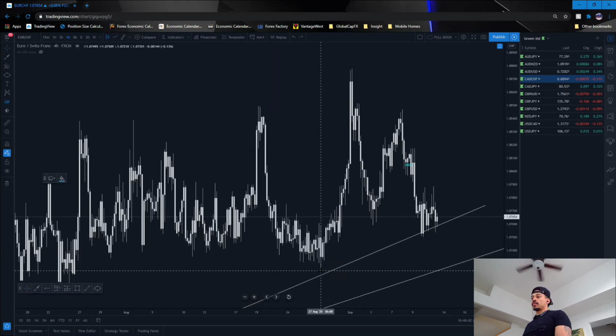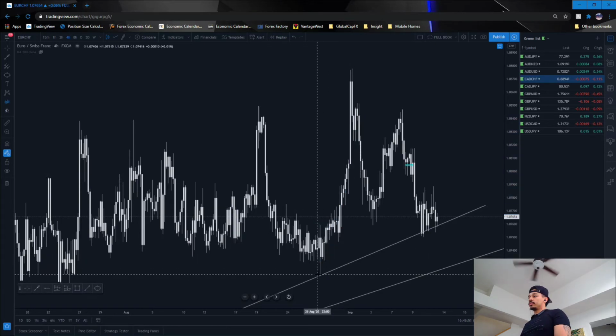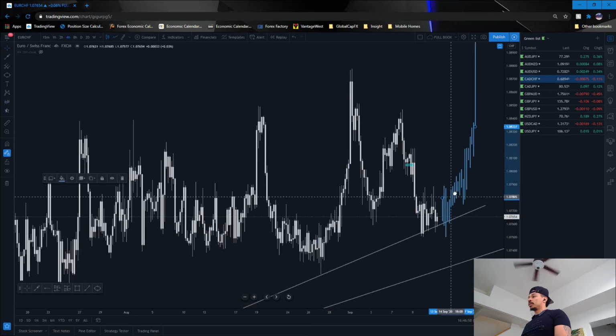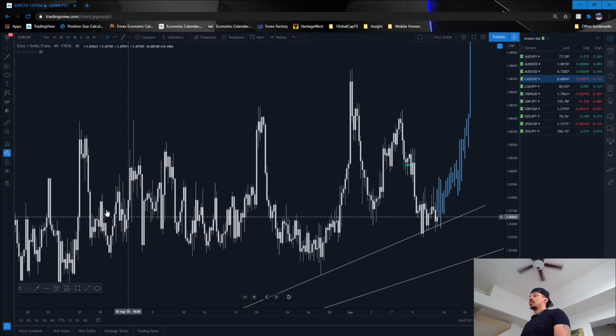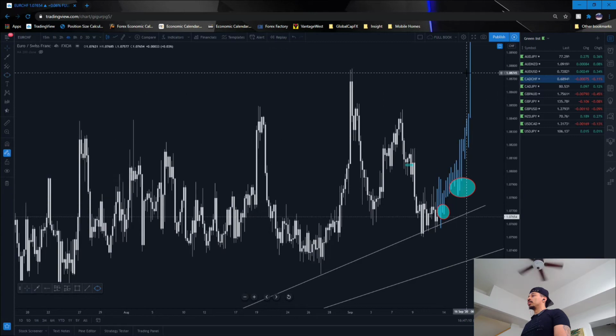Right, like this. Yeah, something like this. Where it's making a high, bouncing on the trend line here, and then making another higher low, and then looking to push to the upside. So that's what I would be looking for in this situation.